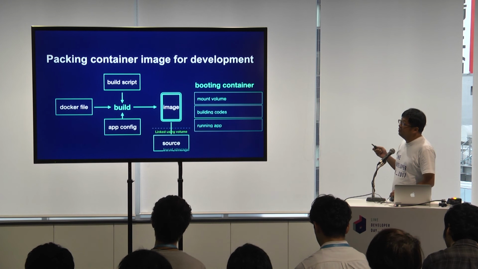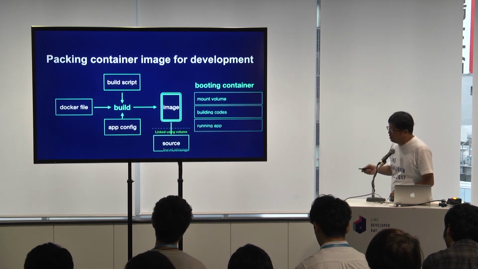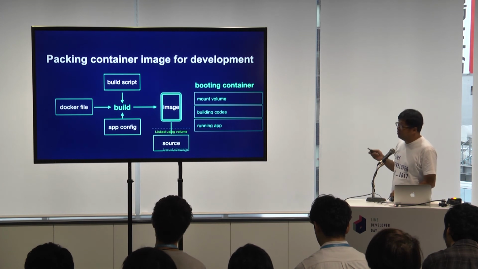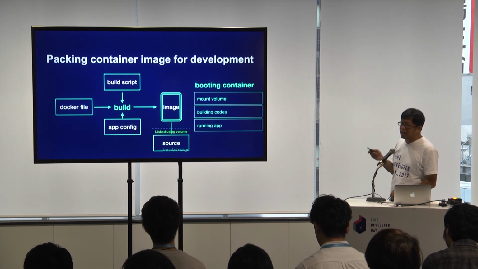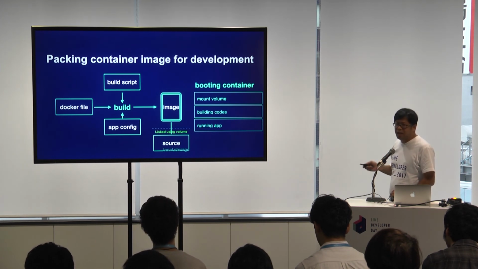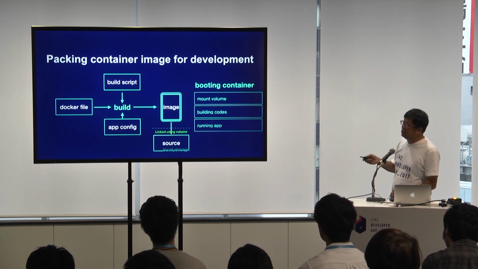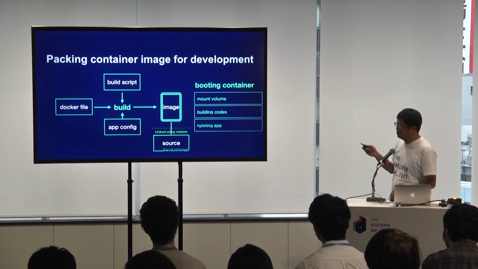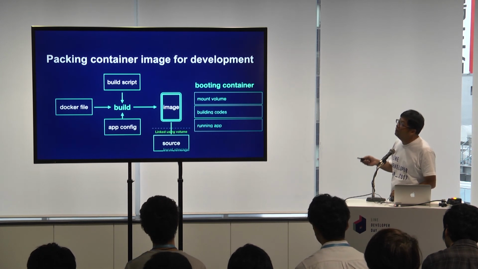For my local image, I simply extract the source code. I use a Docker volume to mount the source code, not build the source code into the image, so that I can change the source code anytime to verify my code. That's what I do on my local computer, with the local version of the source code.